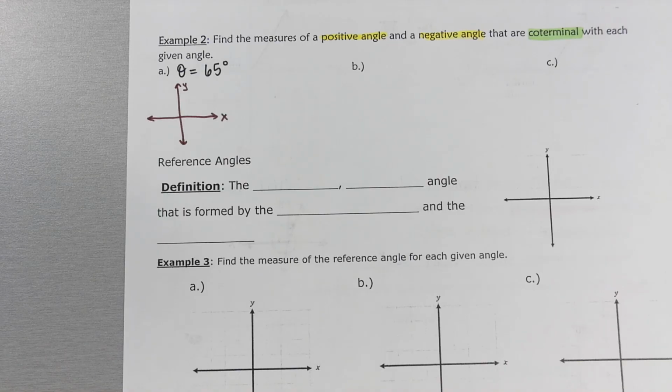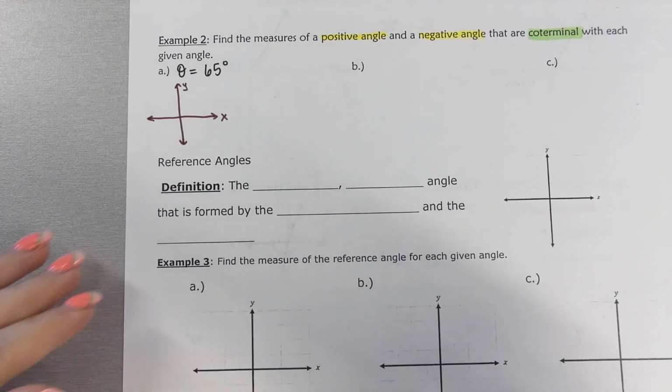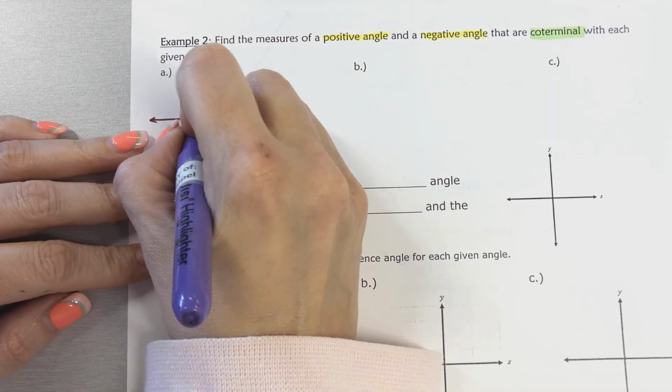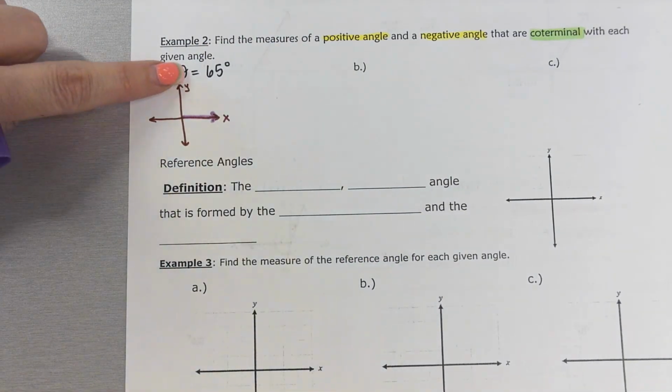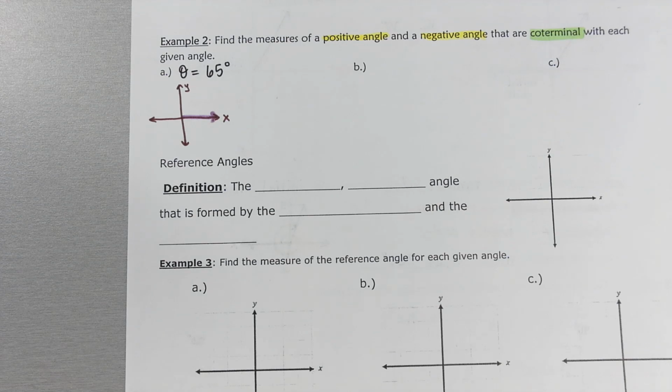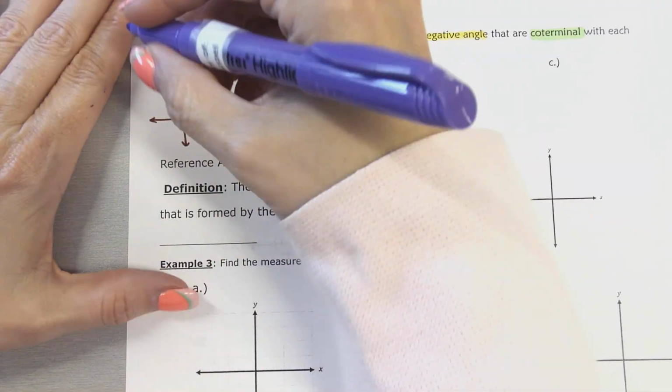And then once you have graphed that, why don't you try to find the one that's coterminal based on what we did above? Okay, so you're at 65 degrees. Okay, how far away are you from 90? 25.